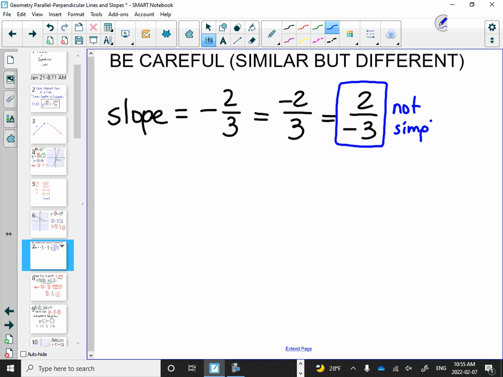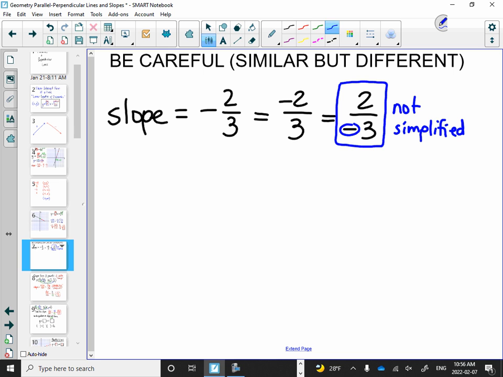Why is it not simplified? Very good. When we enter a fraction, we don't like to enter the fraction with a negative on the bottom. Either put it out in front or put it up top. Is it equivalent? Yes, but it's not simplified. Exciting stuff, I know.